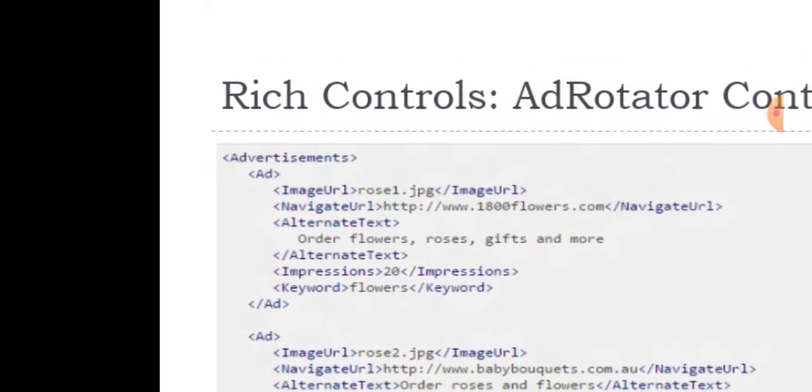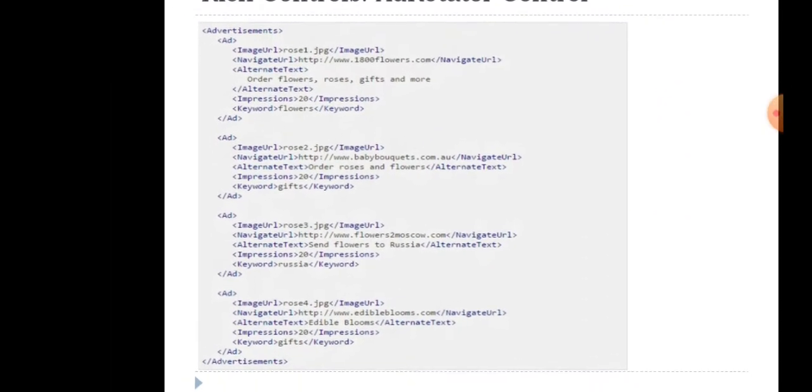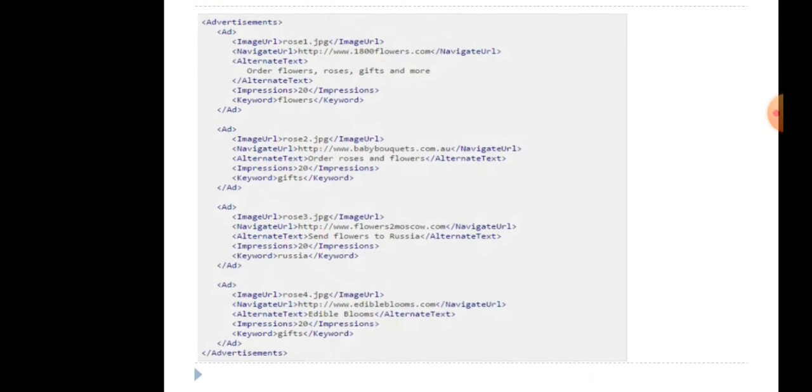Inside that, each and every advertisement is separated by an Ad tag. Here it consists of certain elements, that is ImageUrl, NavigateUrl, AlternateText, Impressions and Keyword. Here I am adding four advertisements.